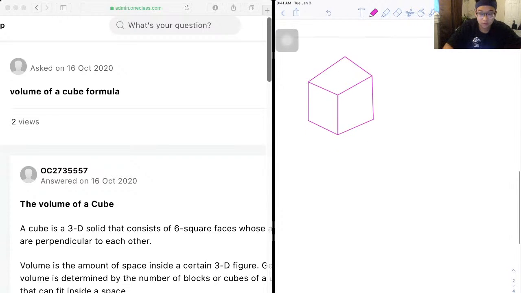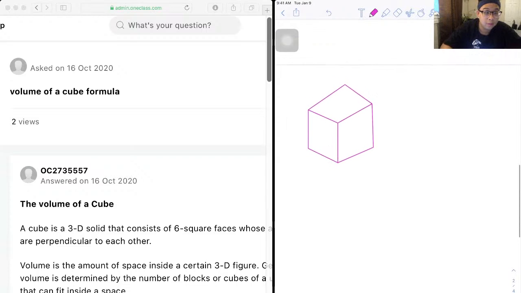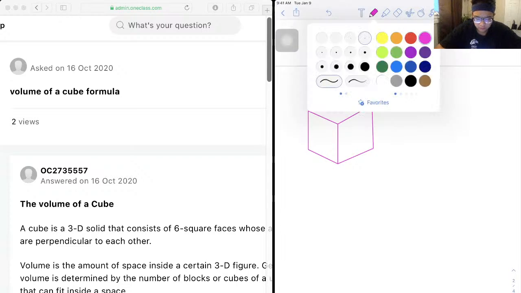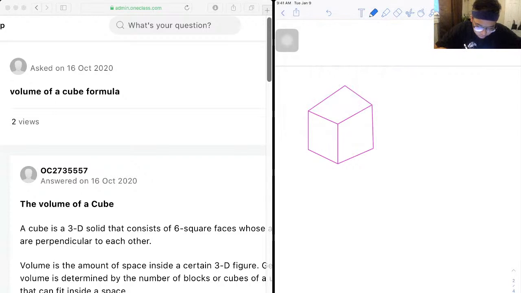Yep, so that's a cube, and it is a 3D solid that consists of 6 square faces whose adjacent faces are perpendicular to each other. So let's write down the key characteristics. 3D solid, consists of 6 square faces.